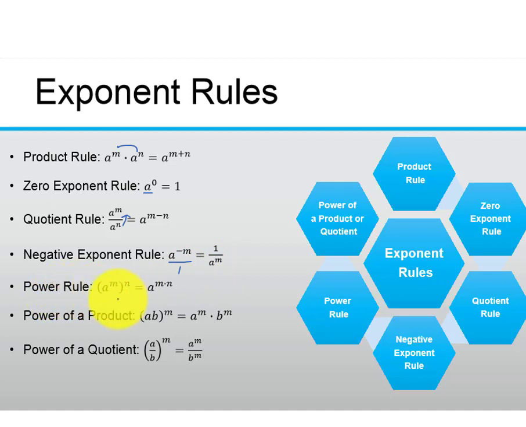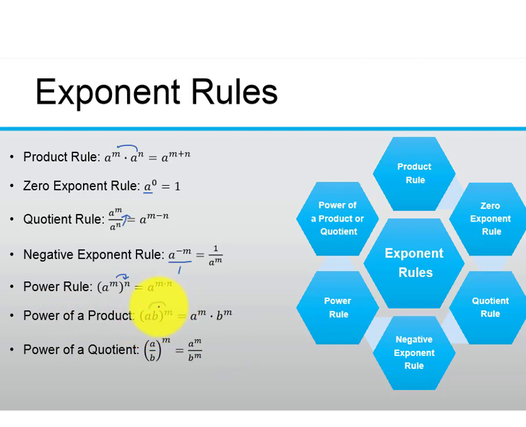With the power rule, we have a base raised to a power, which is then raised to another power. So a to the m raised to another power means we are multiplying the exponents. With power of a product, that simply means we have more than one base that's raised to the power.